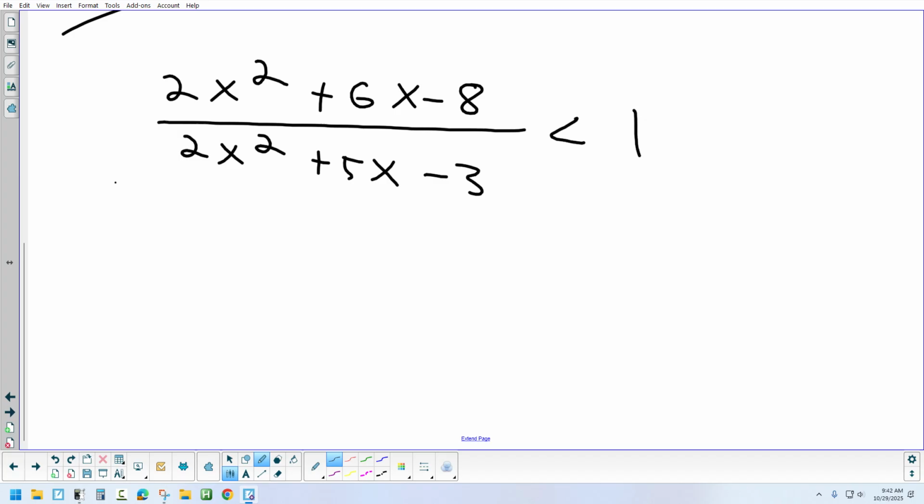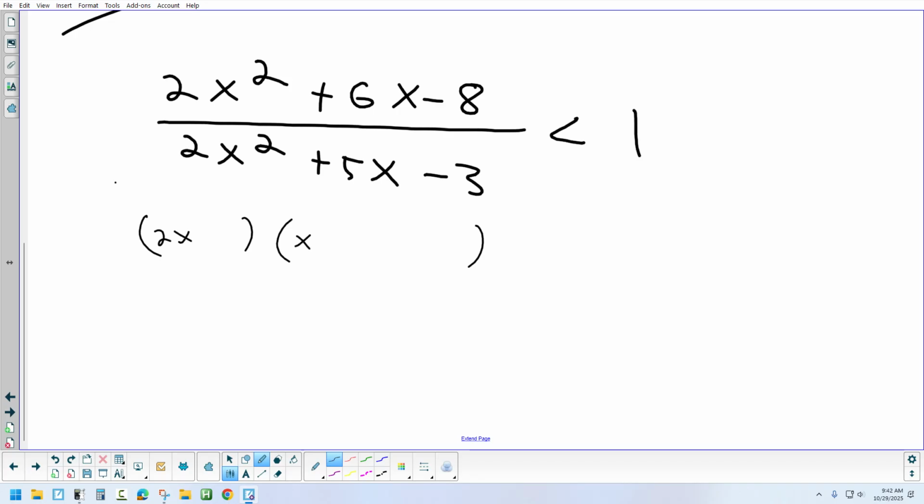Okay, so let's type that in and see what happens. We actually might want to factor the denominator if we can, because remember, if you have vertical asymptotes, those can't be included in your answer. Those are undefined values. So that could control how you write your answer a little bit.